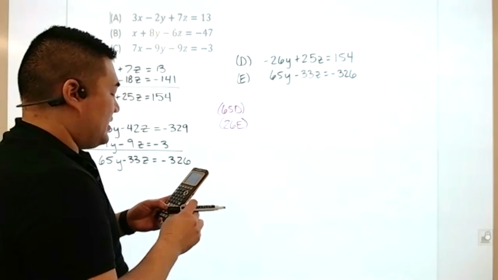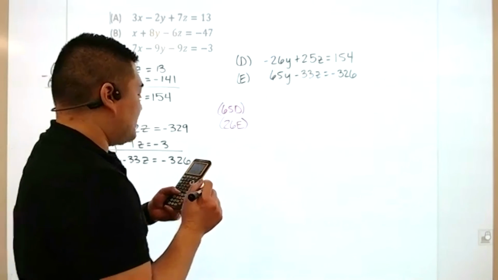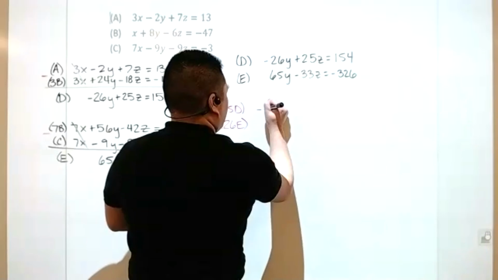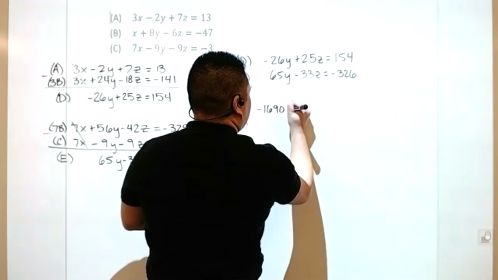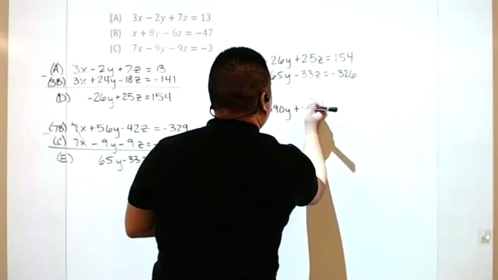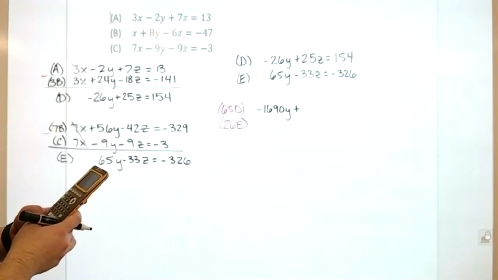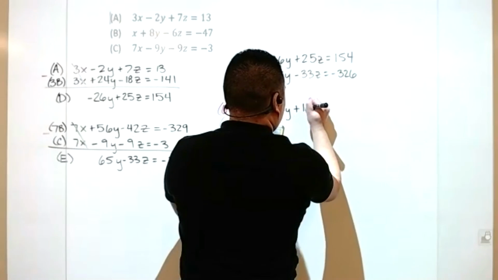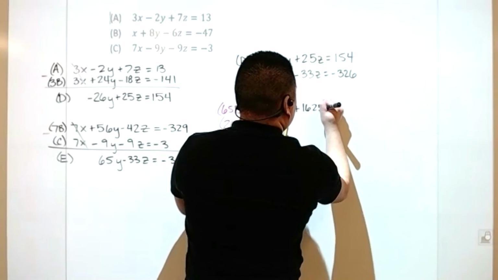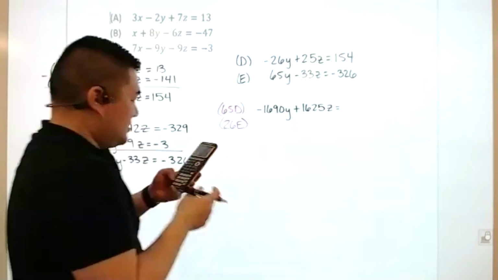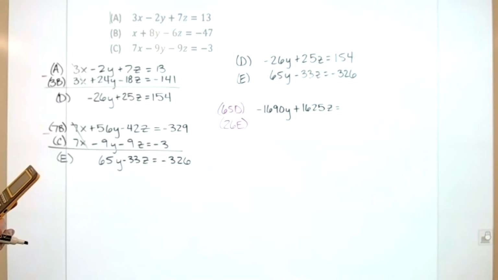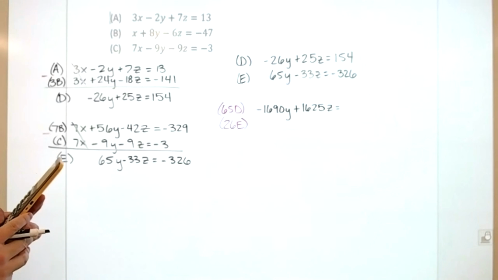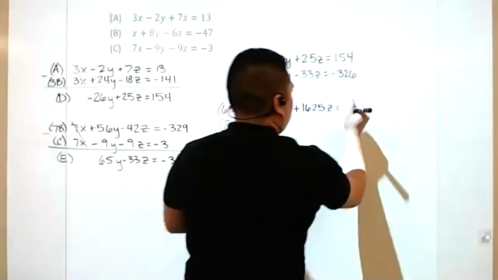That's going to be negative 1,690. So negative 1,690y plus 25 times 65 is 1,625z equals 154 times 65 is 10,010.